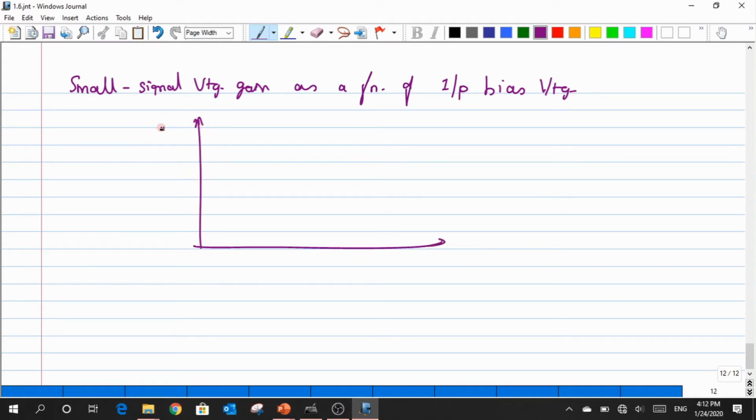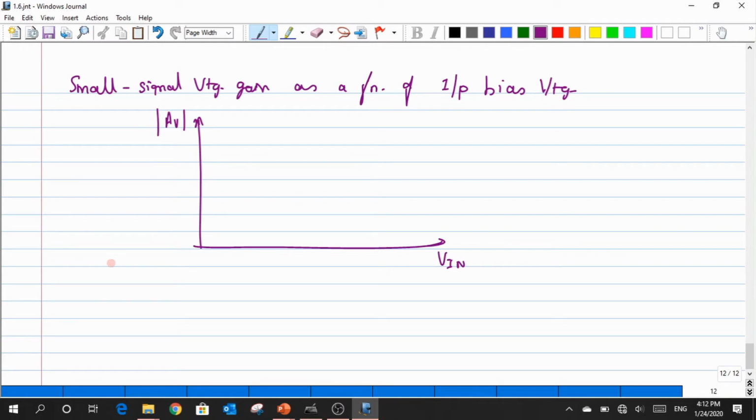So what I studied before was just GM versus Vin and ID versus Vin, but right now I really want to talk about the gain versus Vin itself. Okay, and I am just putting the modulus because it's an inverting amplifier, so I want to read the positive value of the gain. Okay, now how will I plot this?